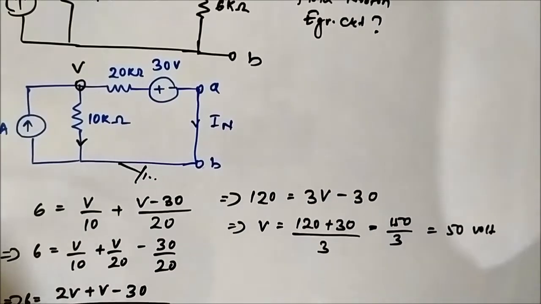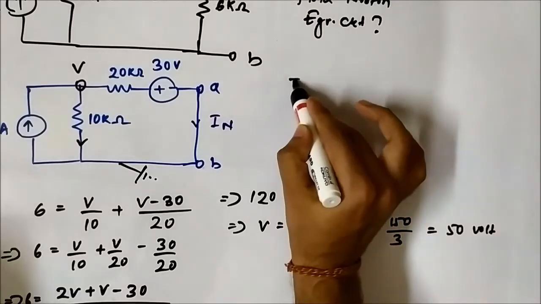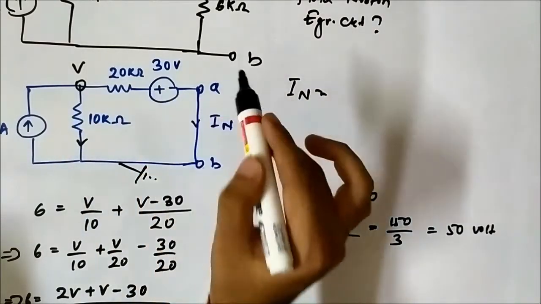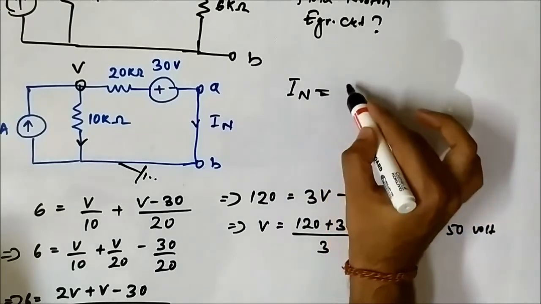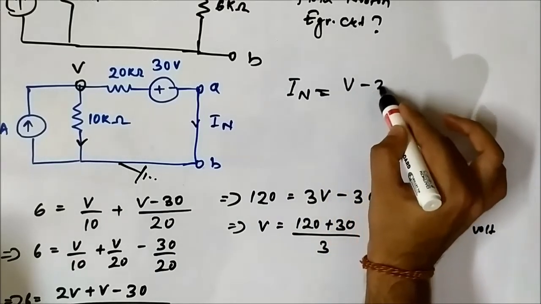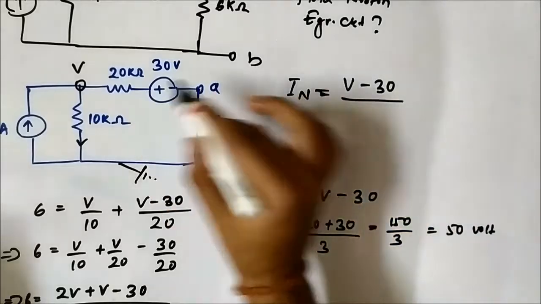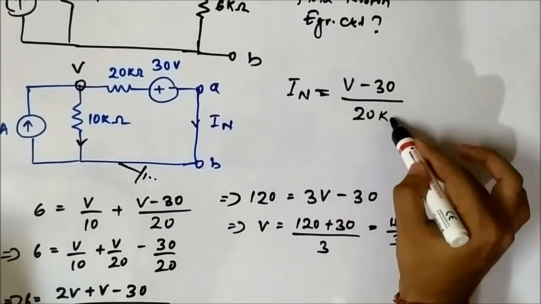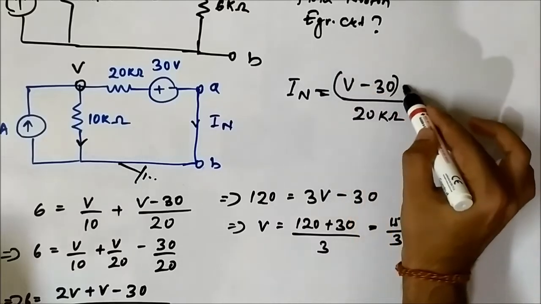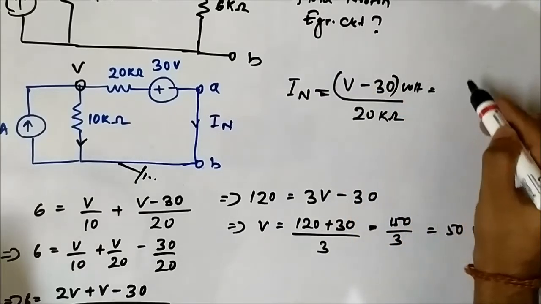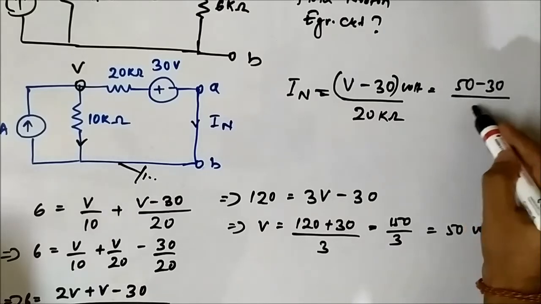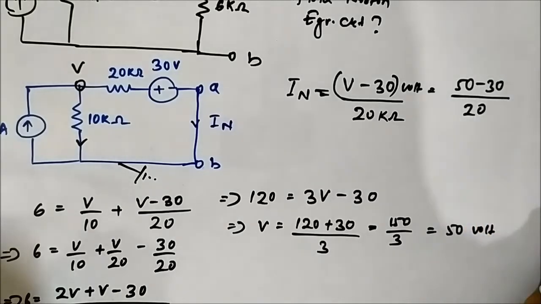We have got V. IN, the Norton current, is equal to V minus 30 divided by 20. V minus 30 divided by 20, 20 kilo ohm. This is in volts. So, it is 50 minus 30 divided by 20.